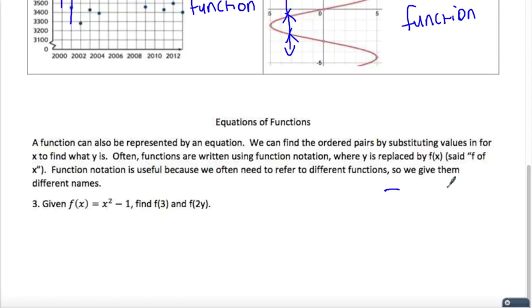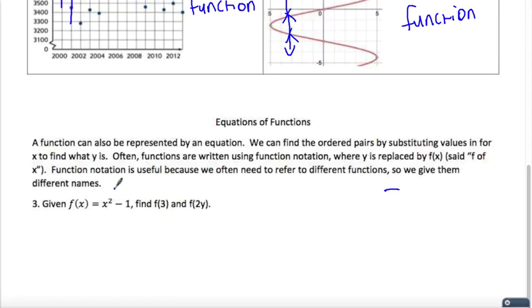It's essentially saying y is a function of x, so f of x. The reason you use function notation is a lot of the time you need to refer to different functions. So if you have 5 different functions, you can't say that they're all y equals something, because then you're talking about the same thing. So instead, you could name your functions f and g and h and i and j. And then you can specifically refer to functions.